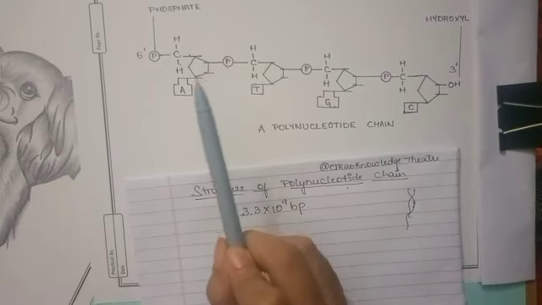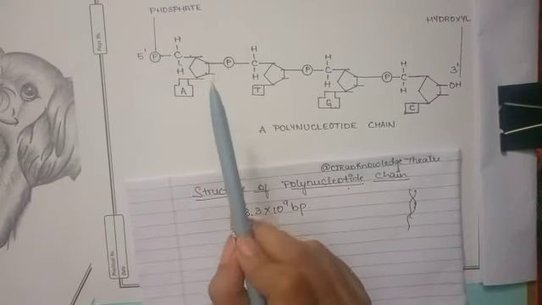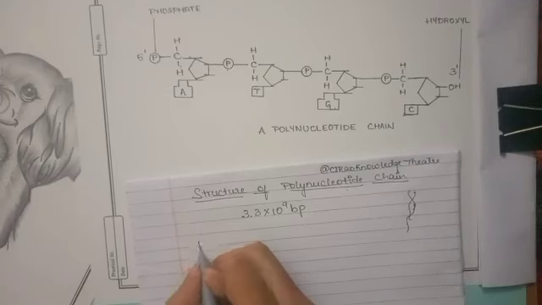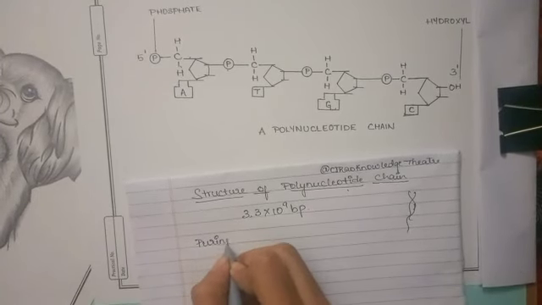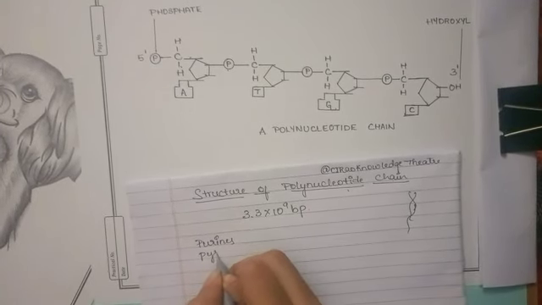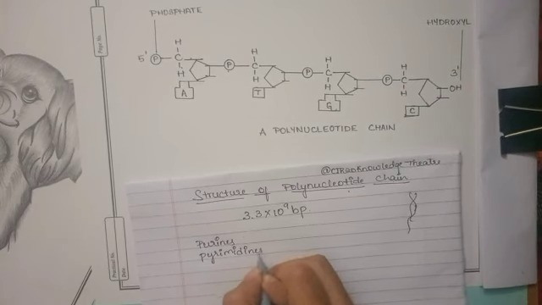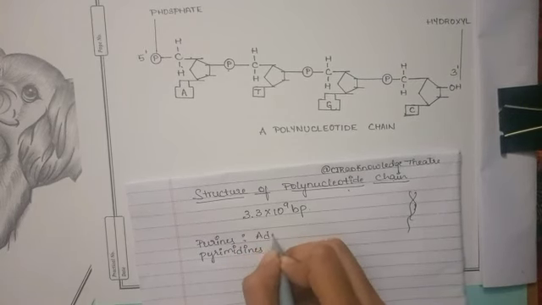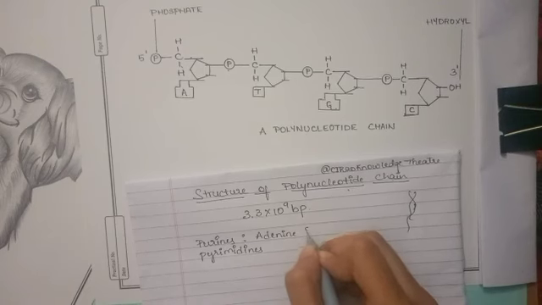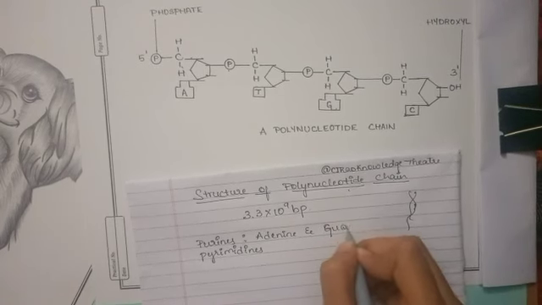There are two types of nitrogenous bases, that is purines and pyrimidines. Purines are adenine and guanine.